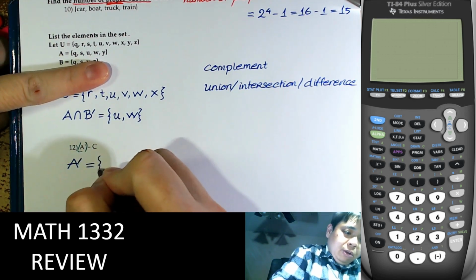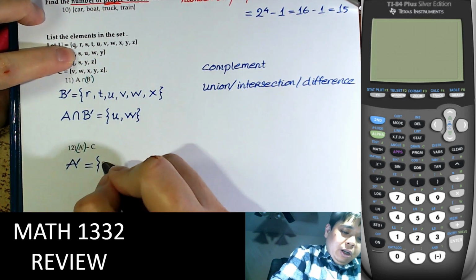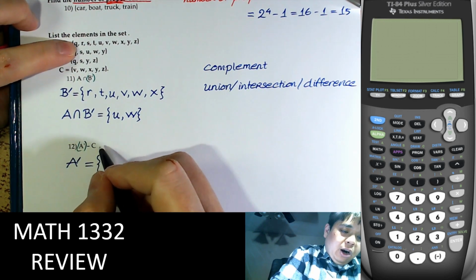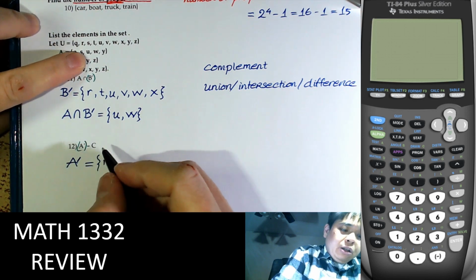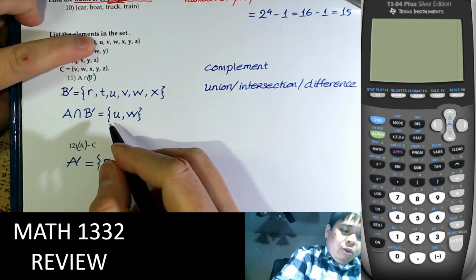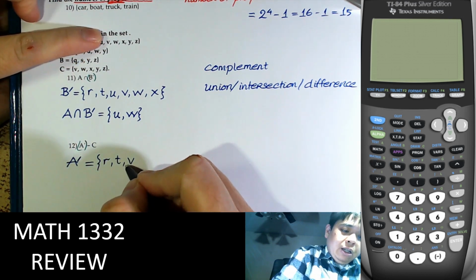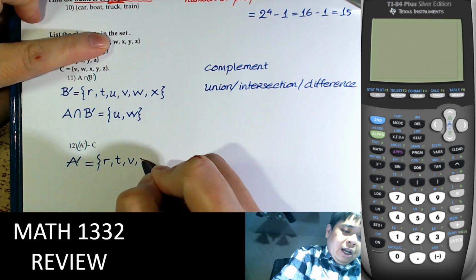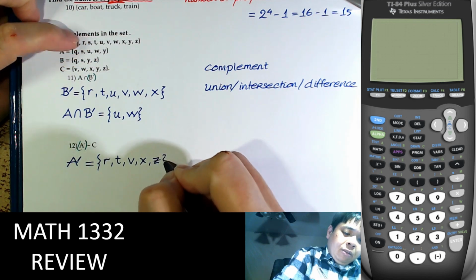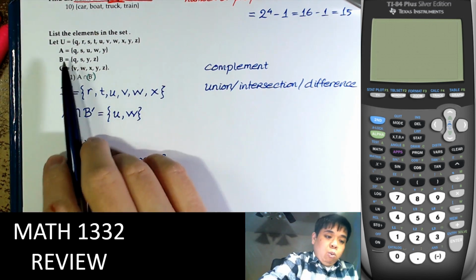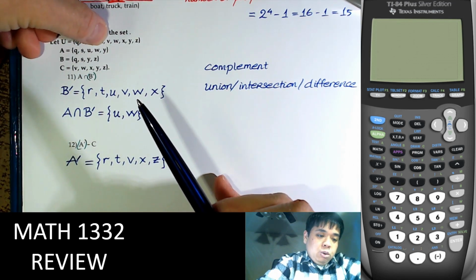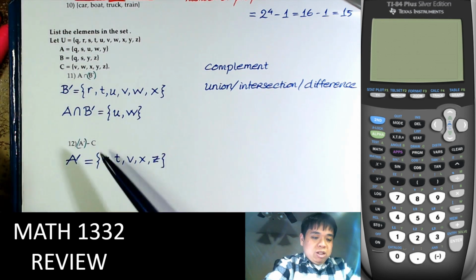So there's Q, then no S, the R is good, S already, the T, U is there already, there's V, W is there already, and then X, there's no Y, and then Z. So A complement is what is not in A. So it's not going to be S, U, W, and Y. So what's left is this.